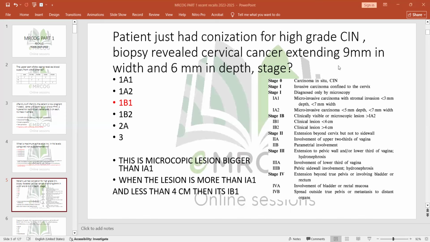This is one. Number two, we care about the presence or absence of lymph node involvement. This is very important in management. And the cut-offs for a stage and the other one, 3. So we start with 3, okay? 3 millimeters in depth and 7 in width. So anything less than 3, this is CIN.